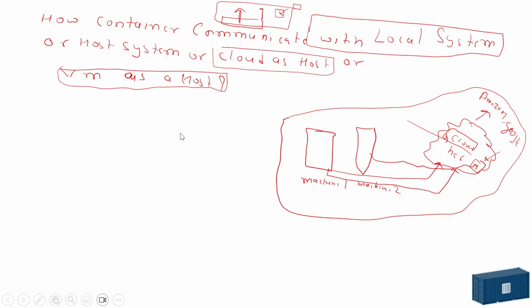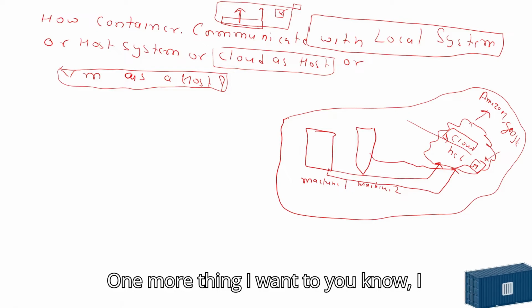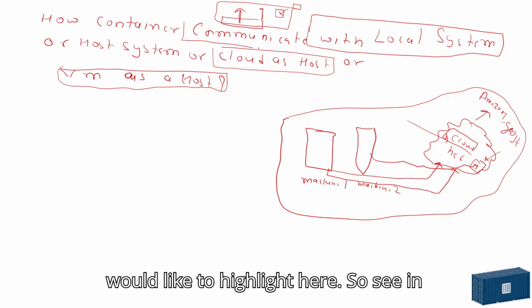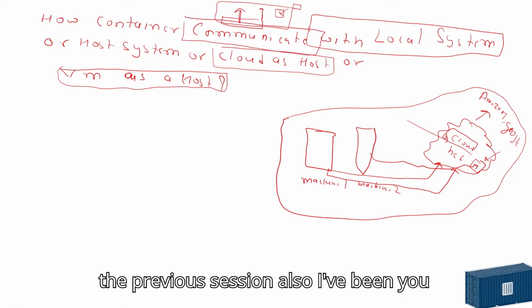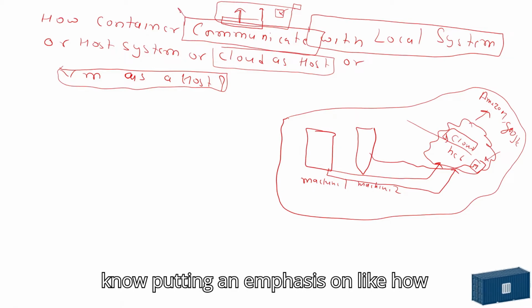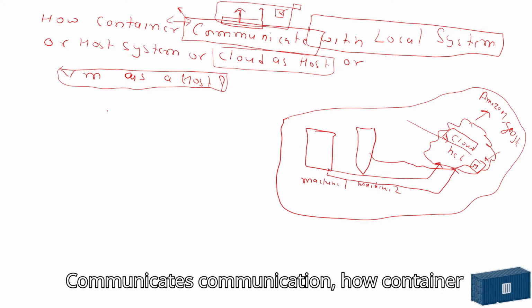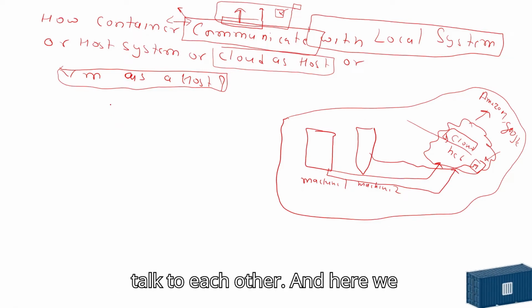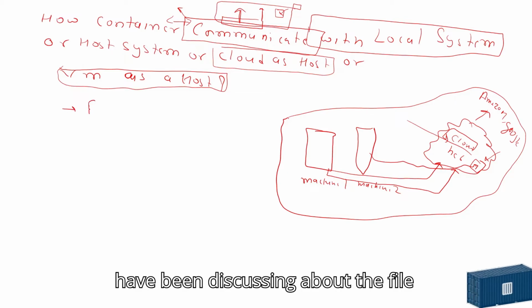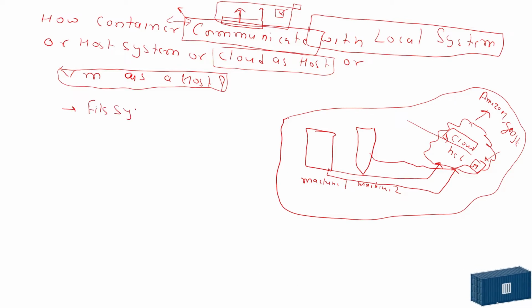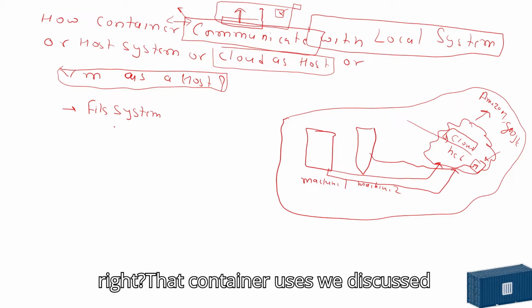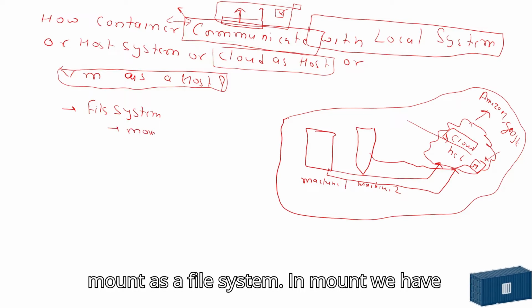One more thing I would like to highlight here. In the previous session also, I have been putting an emphasis on how containers communicate, how containers talk to each other. And here we have been discussing the file system that containers use. We discussed mount as a file system.